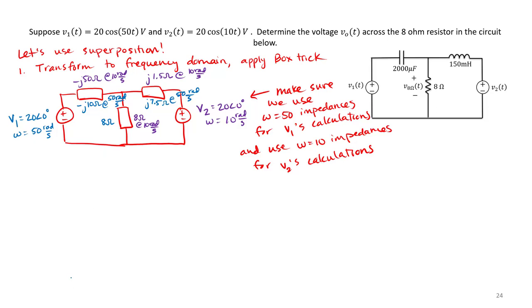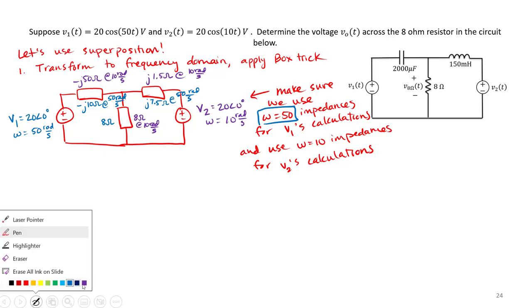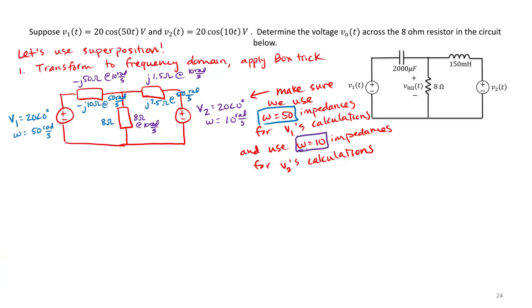Here I have color-coded those. Omega equals 50, I wrote in blue. Omega equals 10, I wrote in purple.